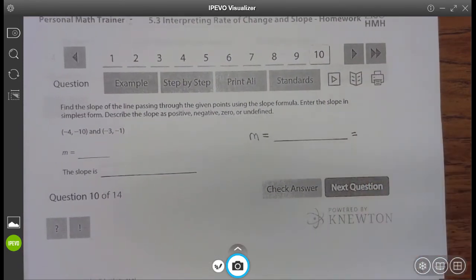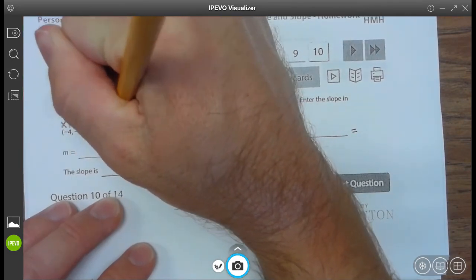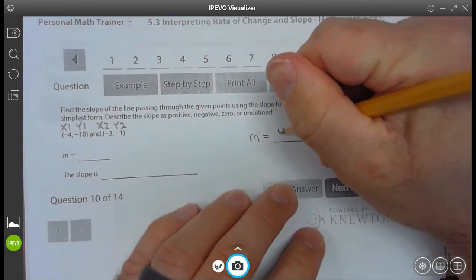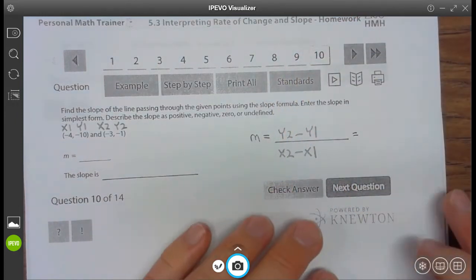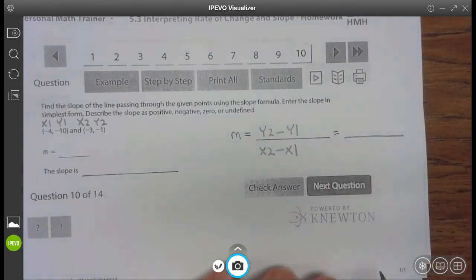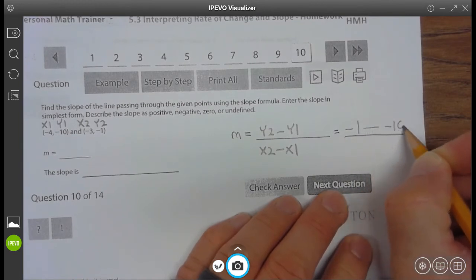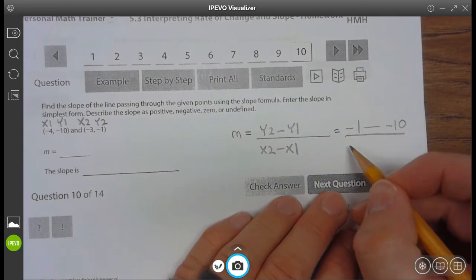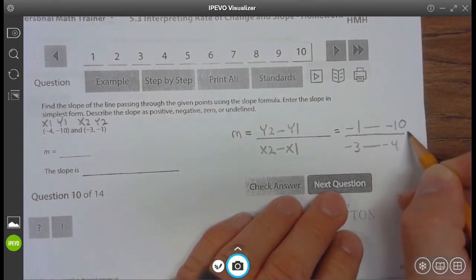All right, example 10. Find the slope of the line using the slope formula. So this is again x1, y1. This is x2, y2. So we know the slope is y2 minus y1 divided by x2 minus x1. So y2 is negative 1 minus negative 10 divided by negative 3 minus negative 4.